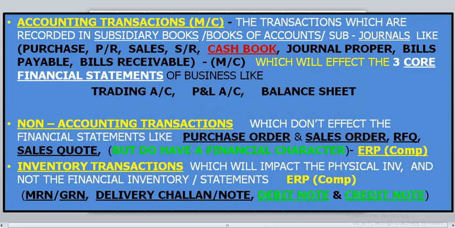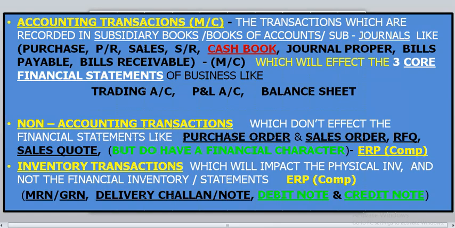But they do have a financial character because the purchase order will have the goods which we are ordering, the quantity of the items, and the amount of that particular purchase order. So all the four elements of a transaction are there.